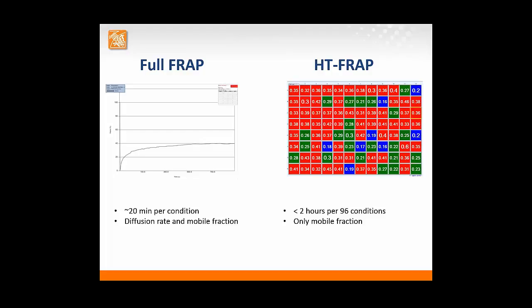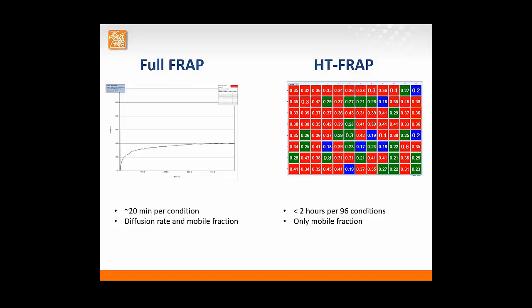Therefore, we designed a so-called high-throughput FRAP technique in which we can set up a 96 well plate using 96 different precipitant conditions and bleach all 96 samples sequentially, one by one, then incubate the plate for a certain period of time. We selected 30 minutes as the appropriate time for incubation, and then go back and look at the fluorescence recovery after 30 minutes.